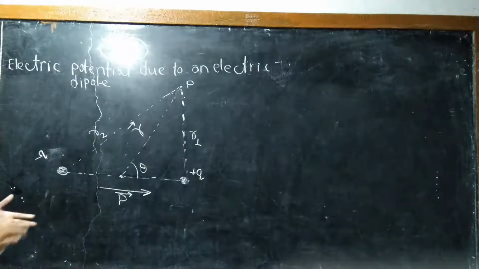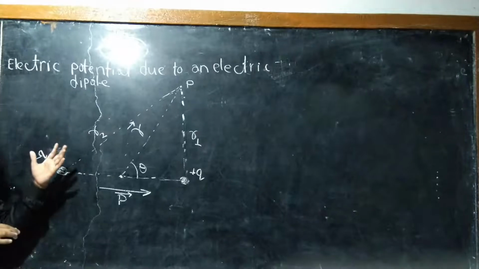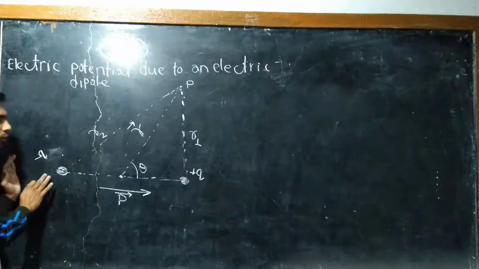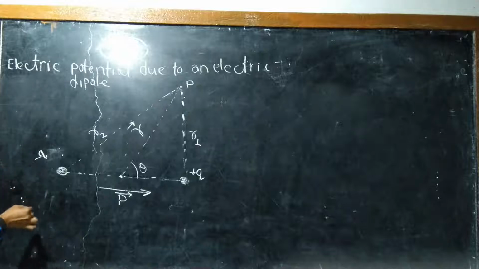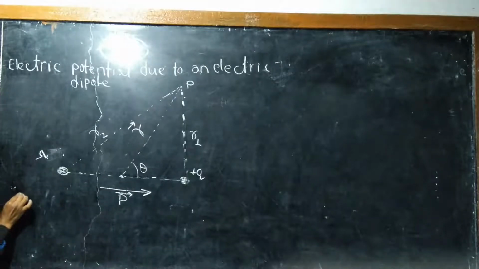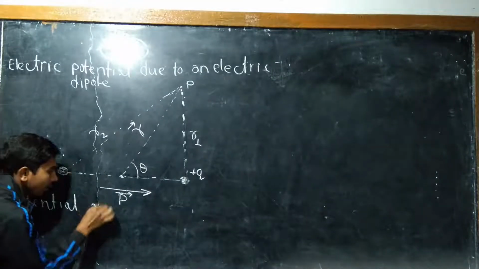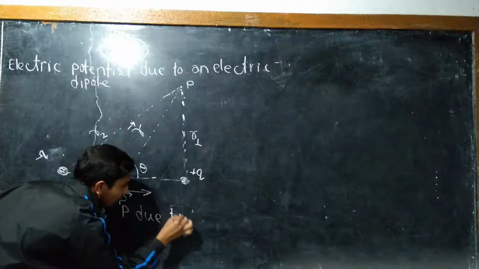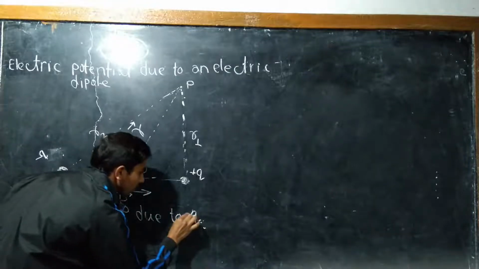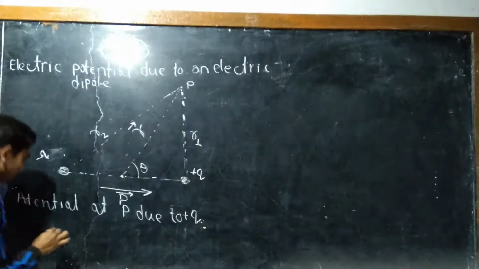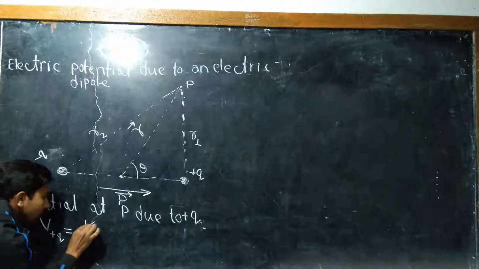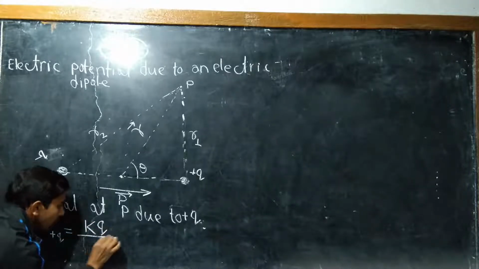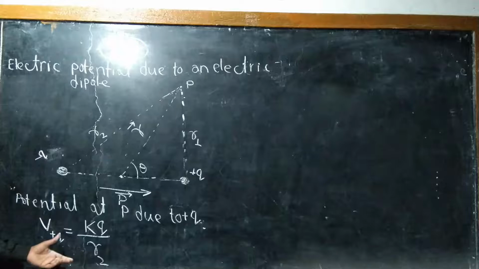Now potential at P will be the potential due to negative charge as well as potential due to positive charge, right? So now I am writing potential at P due to plus Q is V plus Q, and that V plus Q is KQ by R2, right?